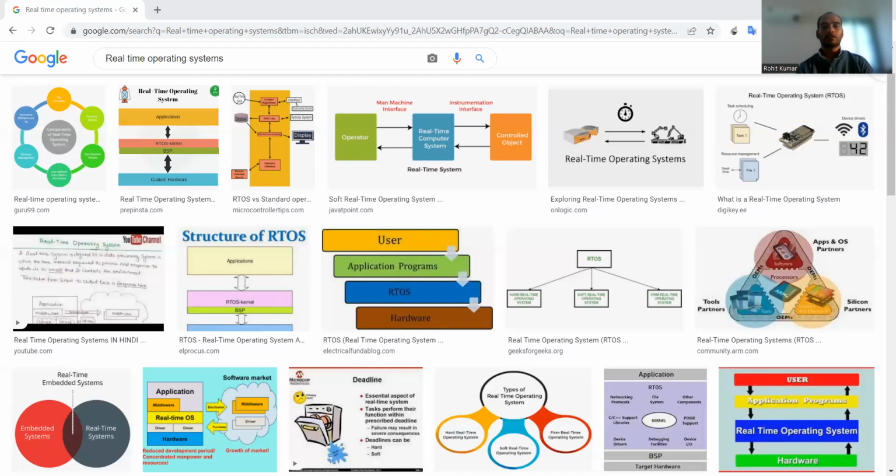Then you have ACM Transactions on Embedded Computing Systems, ACM SIGBED Review, ACM SIGADA Letters, then Electronics, again an MDPI journal, then ACM SIGOPS Operating Systems Review, Journal of Sensors, International Journal of Online Engineering, IEEE Sensors Journal, International Journal of Advanced Robotic Systems, and Microprocessors and Microsystems.